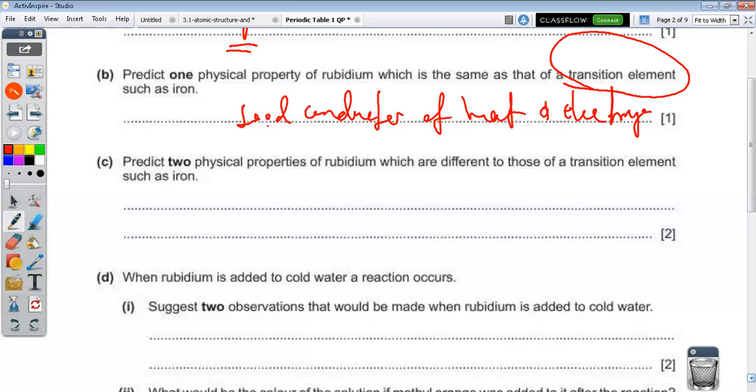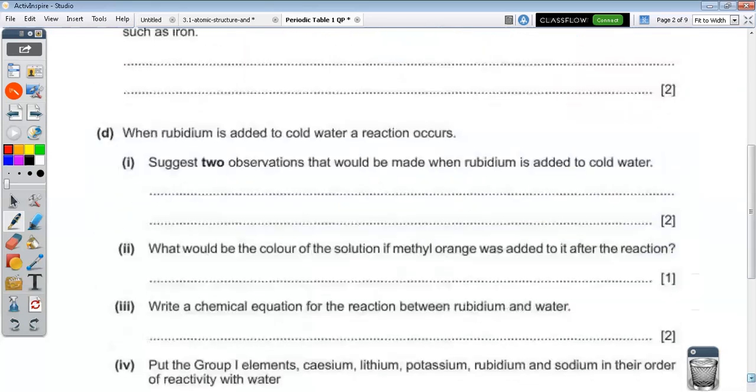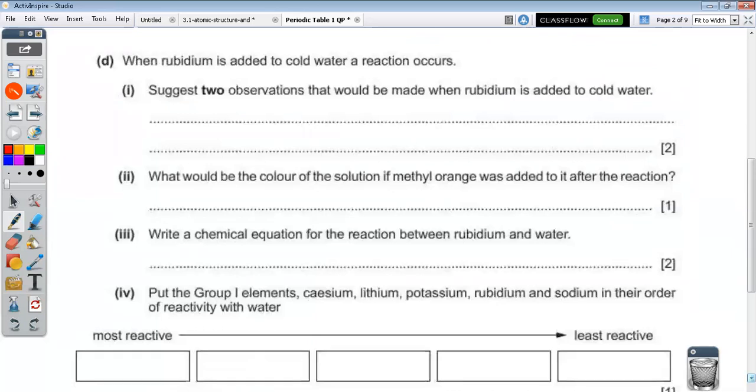Are you reading your notes? There are no calculations, it's just a matter of reading. Now, when rubidium is added to cold water, a reaction takes place. Suggest the observations that would be made.